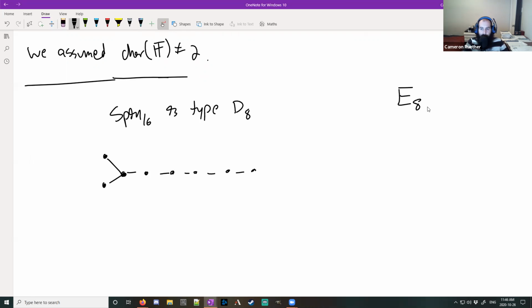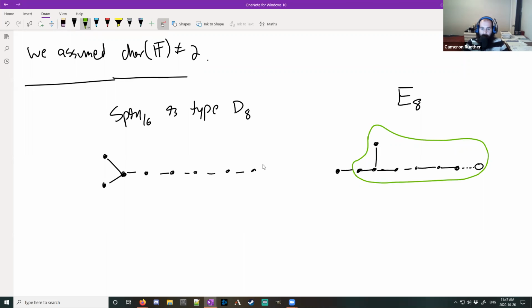And then you have a group of type E8. 4, 5, 6, 7, 8. And this was what Garibaldi did. He looked at the longest root over here, I guess I should make a dotted line, and he took this as the root system of type D8 to form an injection.